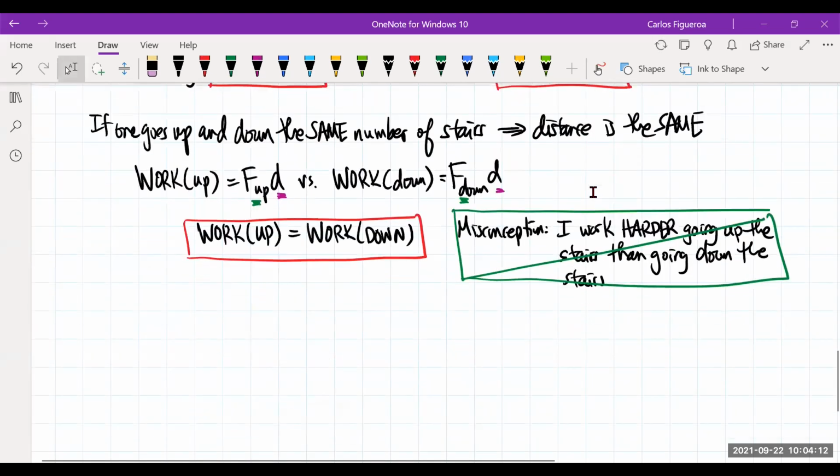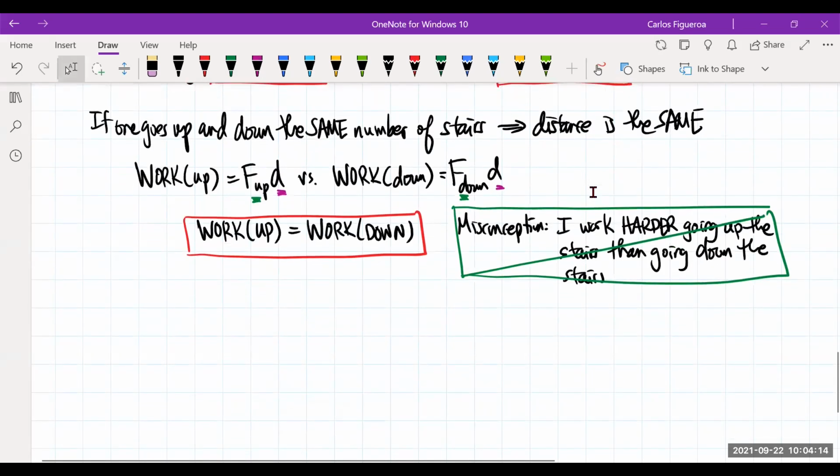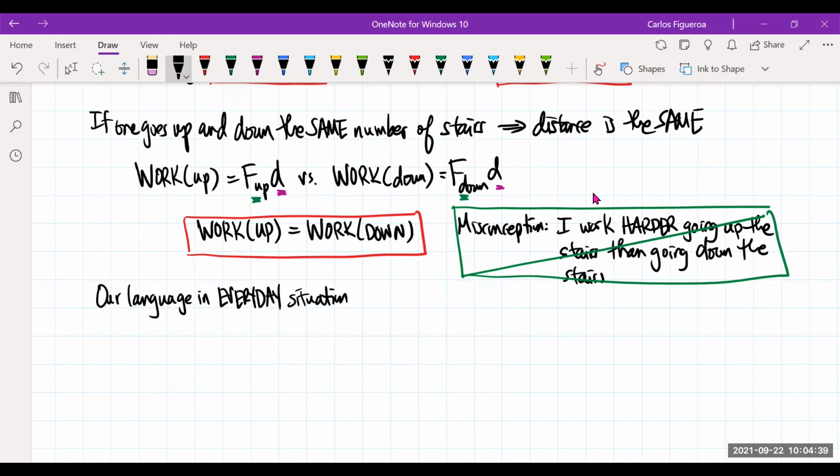So if that's the case, there has to be a problem with our language. That means our language in everyday situations must be incorrect. And it is incorrect.